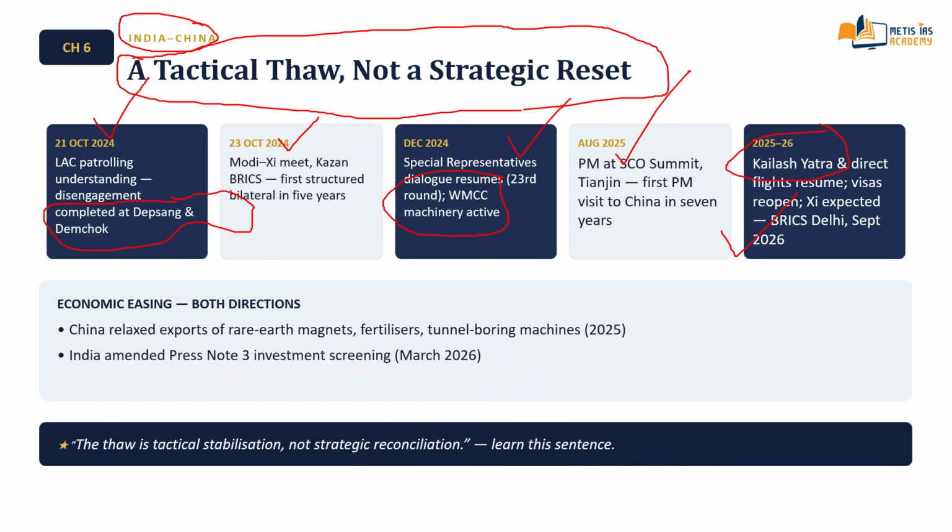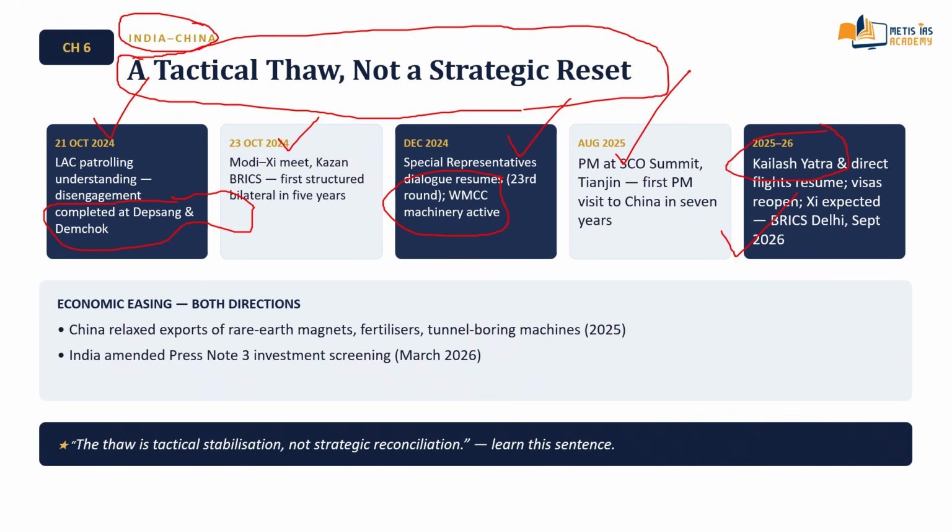Or peace along the border is essential for the normal development of India-China relations, examine. Or evaluate the challenges and opportunities in India-China relations in the context of multipolar Asia. Notice the pattern here. UPSC expects analysis, not chronology.